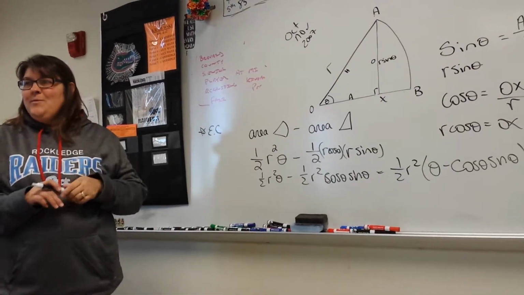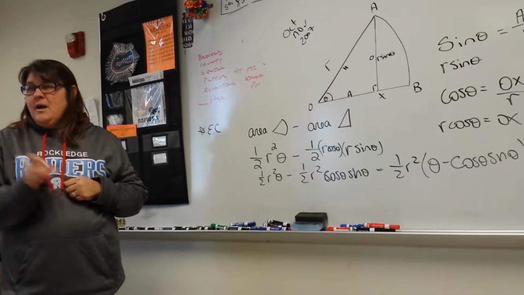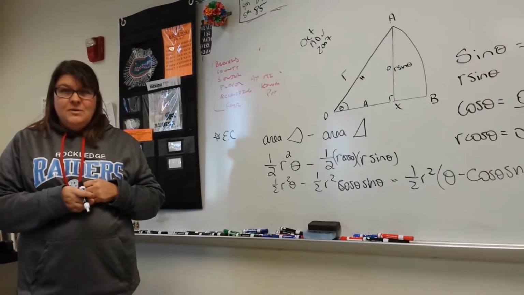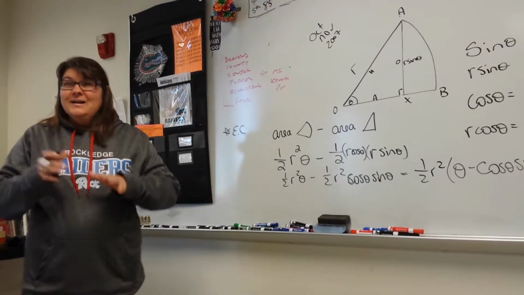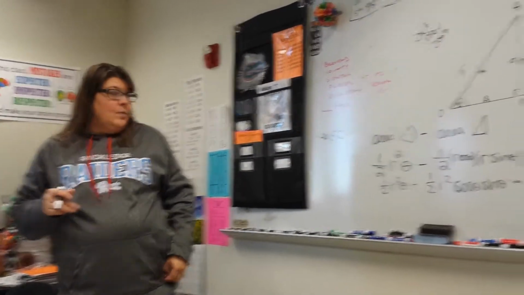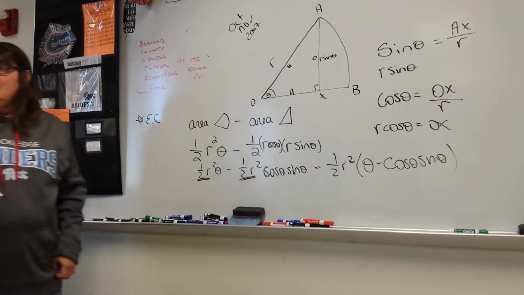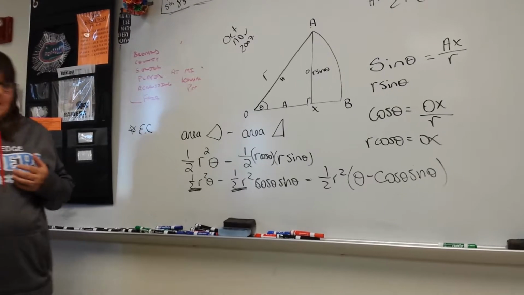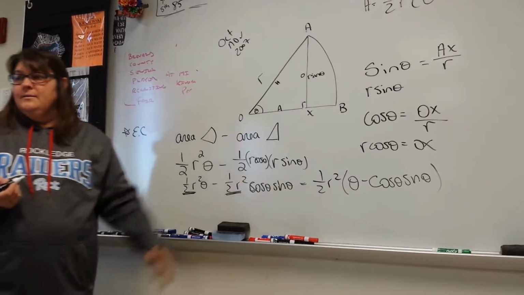Does anybody remember what property that is? It's the commutative property of multiplication. AB equals BA, yes. What did we just do? We just recognized that they both had 1/2 R squared, and so we factored it out. And what's left over is theta minus that stuff.